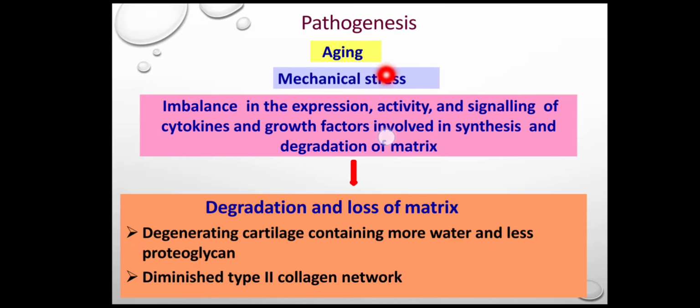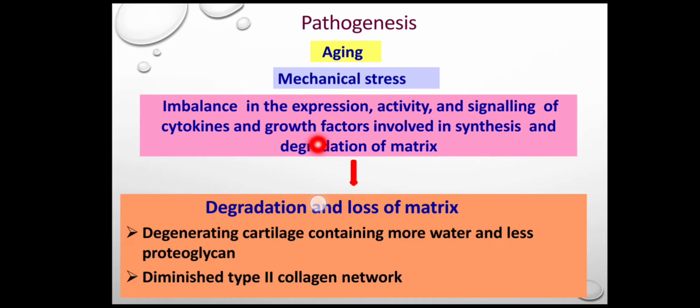So aging and mechanical stress cause an imbalance in the expression, activity and signaling of the cytokines and growth factors involved in the synthesis and degradation of matrix. Cytokines involved, as I said, the synovium releases tumor growth factor and the cytokines released by the chondrocytes either to recruit the inflammatory cells or to stimulate synthesis.